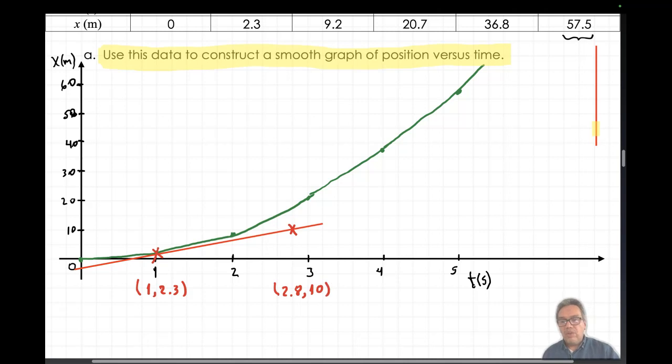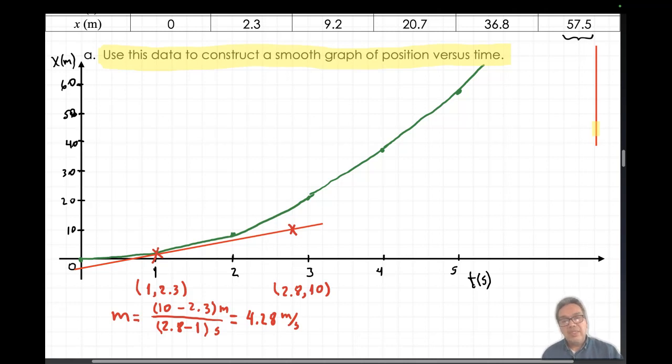Therefore, when you calculate the slope for this red line, you're going to have 10 minus 2.3 over 2.8 minus 1, which is equal to 4.28. Now, the units for the numerator are meters, because that's a position time graph. The units for the denominator are seconds, so this is meters per second.